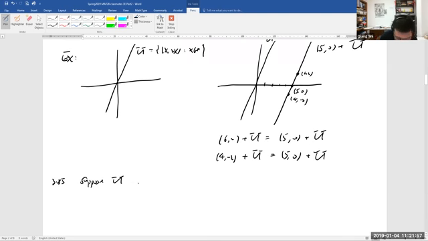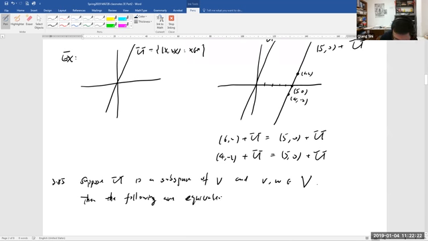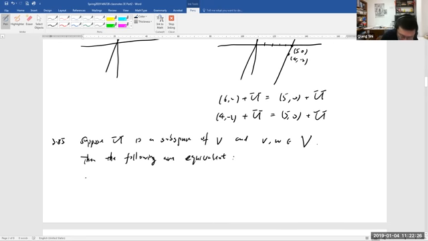So that's the essence of the statement here. Suppose U is a subspace of a vector space V, and if we have 2 elements v and w belonging to V, then the following are equivalent. So there are 3 things we're trying to prove are equivalent.